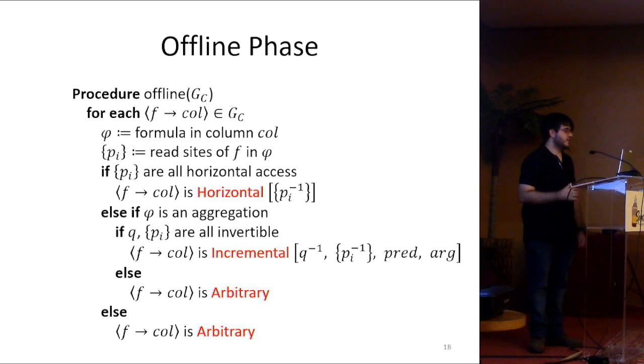If it's an aggregation, like filter, sum, etc., then we say this is an incremental computation. We do need the Q and PIs to be invertible, and if they are invertible, we say this is an incremental dependency. And in the other cases, we say this is an arbitrary dependency.